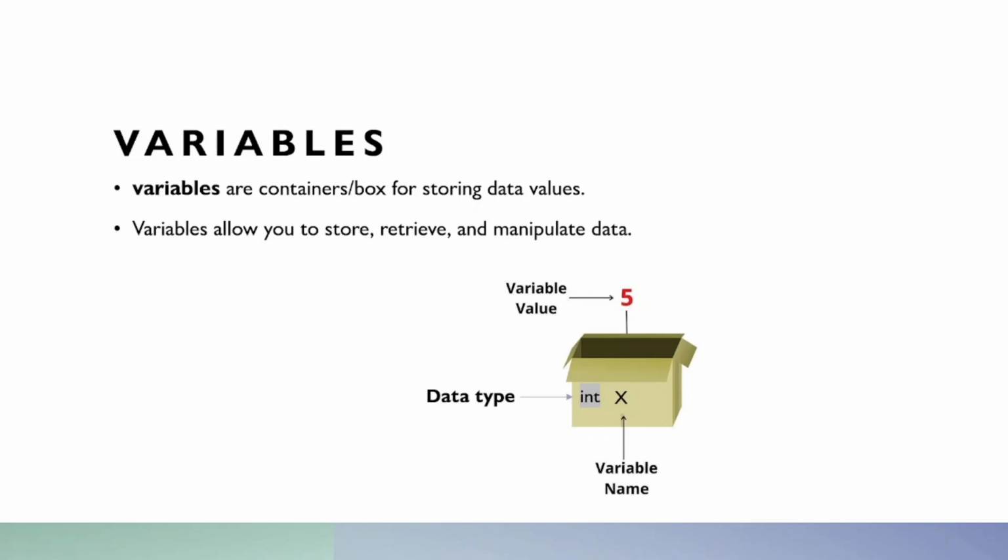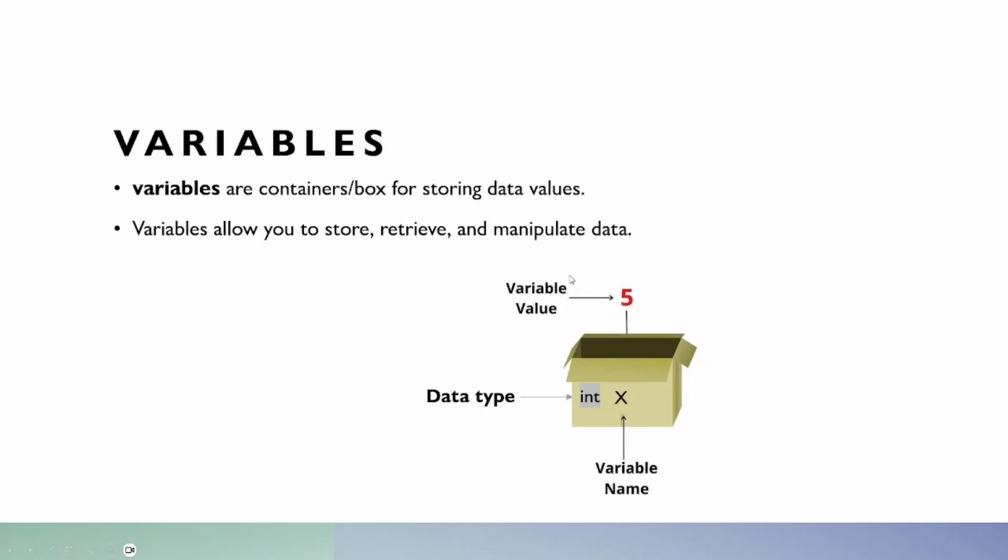You can throw it away. You can add more things inside that box. Similarly, a variable is a kind of box. So you can store any kind of data, you can retrieve it, and you can manipulate it, basically delete or add or multiply that data, or whatever you want to do.